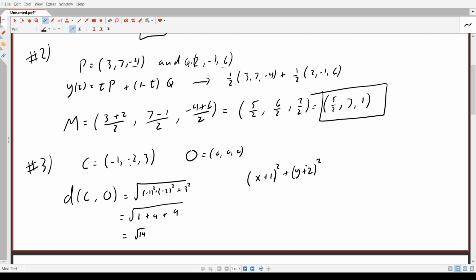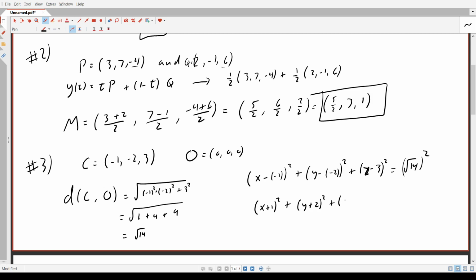Actually, a better way to write this would be (x + 1) squared plus (y + 2) squared plus (z - 3) squared equals the radius squared, the square root of 14 squared, which simplifies to (x + 1) squared plus (y + 2) squared plus (z - 3) squared equals 14, which was answer choice B.